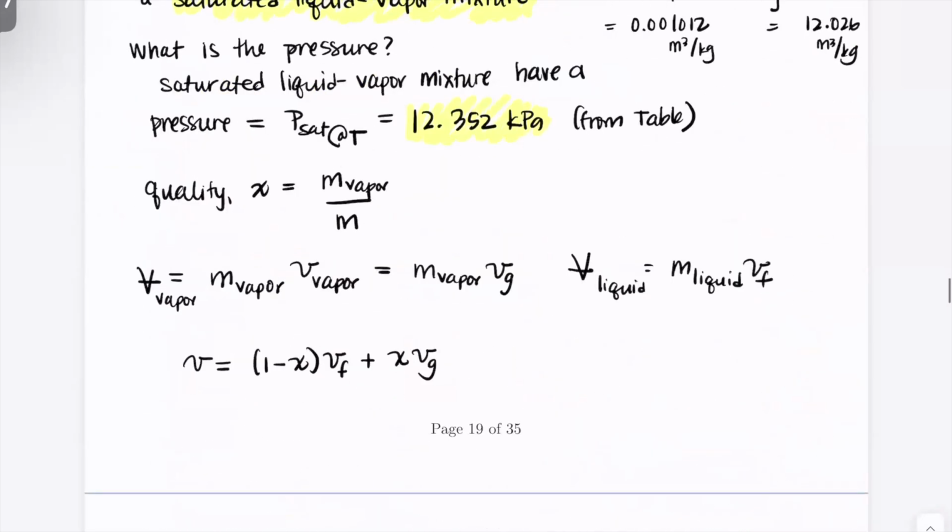So I want to solve this for X. I'm going to reorganize the right-hand side a little bit. So I have Vf plus X times (Vg minus Vf), right?